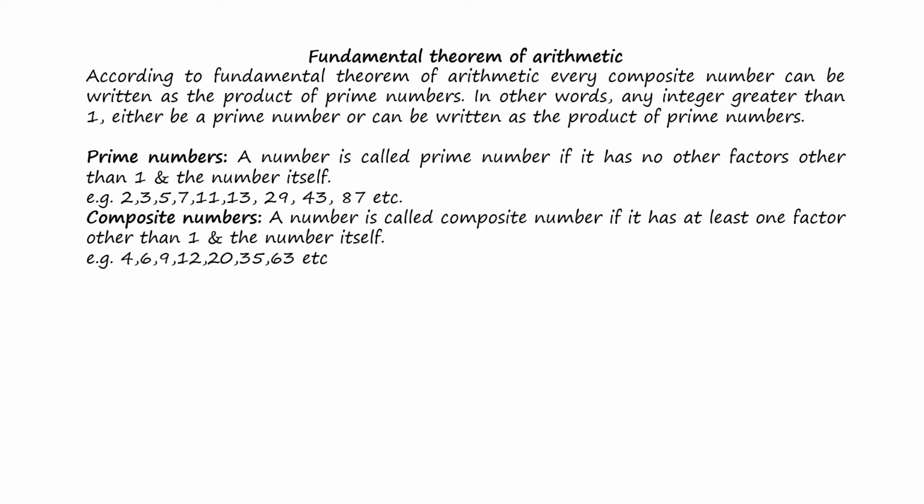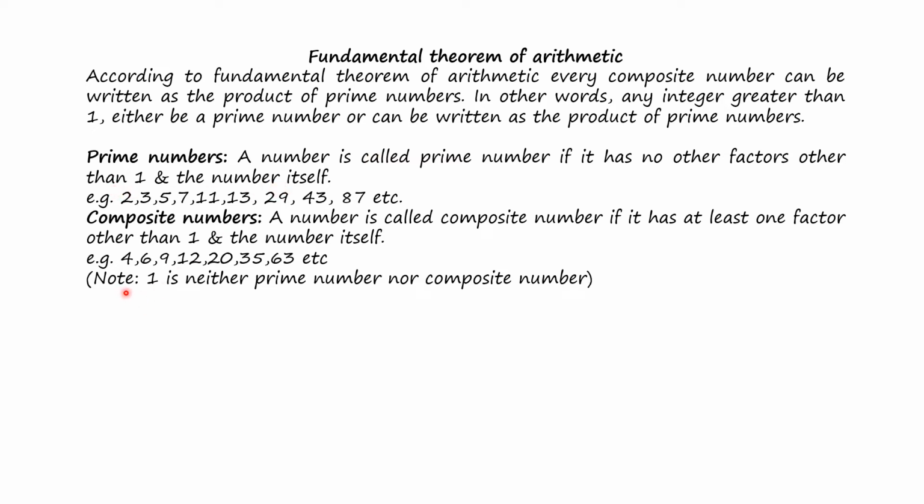Now, in both cases, whether it is a prime number or a composite number, the prime numbers start with 2 and the smallest composite number is 4. But what about 1? 1 is neither a prime number nor a composite number, because as per the definition of a prime number, a number can be prime only if it has two factors: 1 and the number itself.